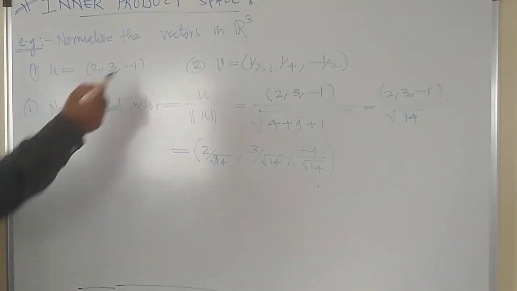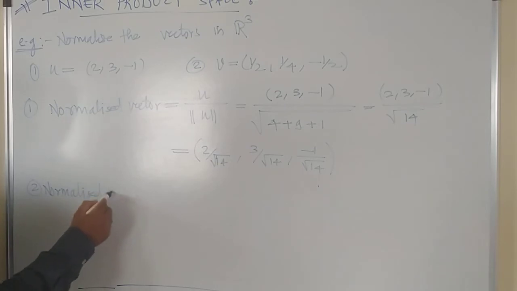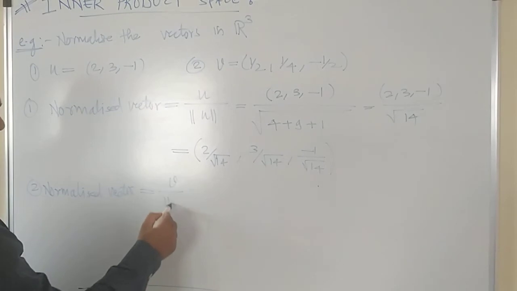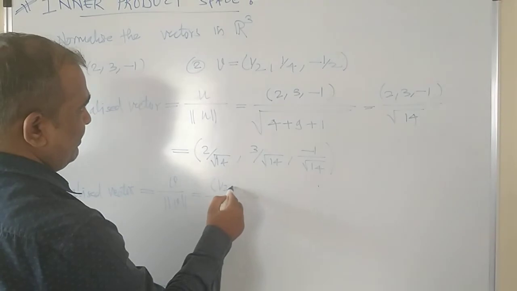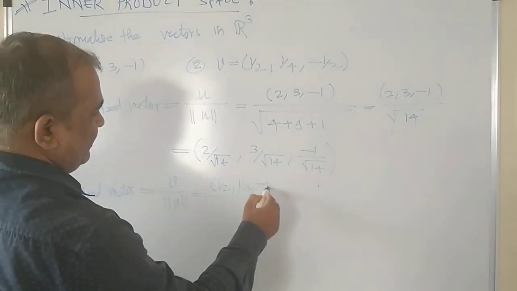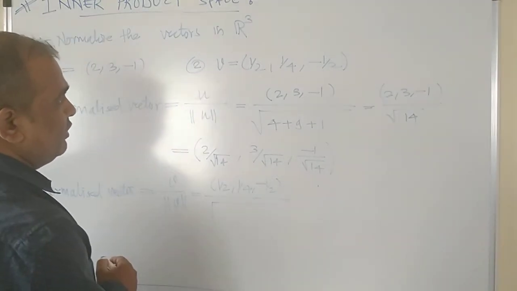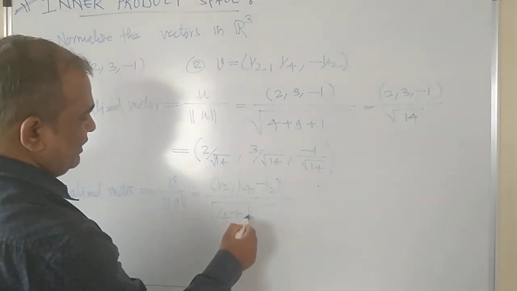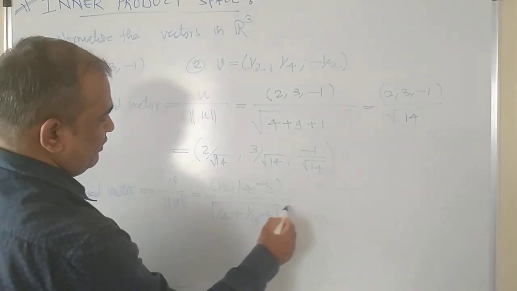Now do the same for the second example. So for the second example, your normalized vector is equal to the vector v divided by the norm of the vector. So what is your vector? Your vector is half, 1 by 4, and minus half, divided by its norm, which is the square root of half square is 1 by 4, plus 1 by 4 square is 1 by 16, and minus half square is 1 by 4, right?